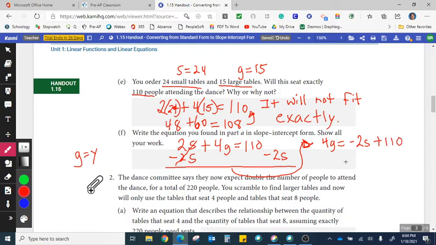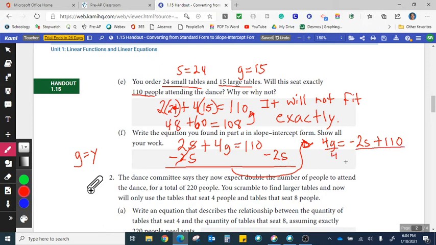Okay, almost there. Now I know what 4g is, but I don't want to know what 4g is, I just want to know what 1g is. So I'm going to divide by 4 on both sides.